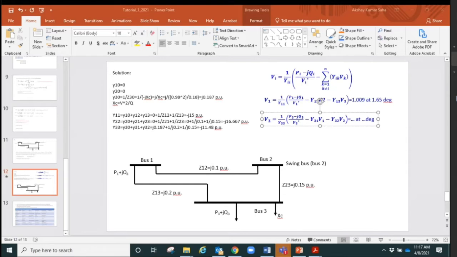Also make sure V1 is the one you calculated in the previous case, 1.009 at an angle of 1.65, the updated value of V1.